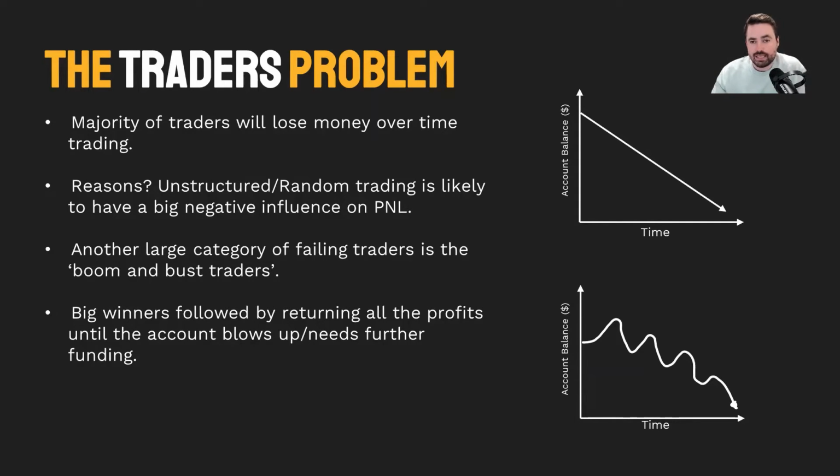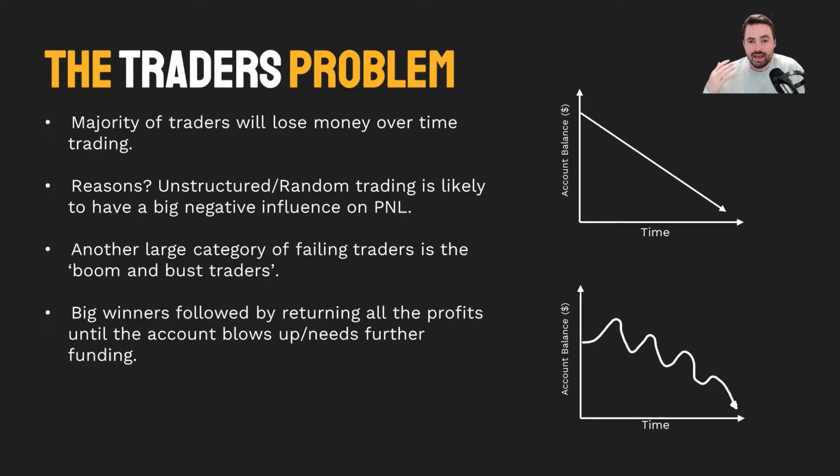Their account balance, let's just say, starts at 10,000 and they sort of just month on month are losing 9,000 and 8,000 and 7,000. Just over time, the drawdown just happens steadily. And most people, as we know, do lose money over time. You've heard the stats, 90% of traders lose 90% of their account within 90 days. This is a steady decline.